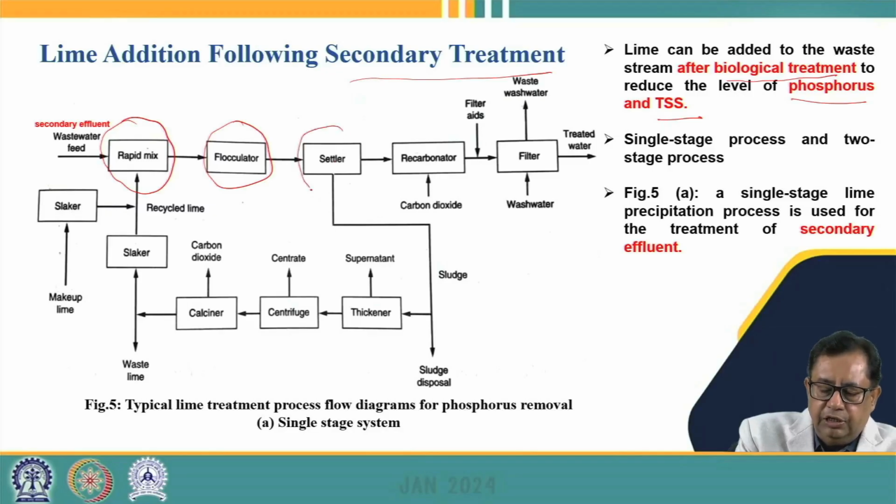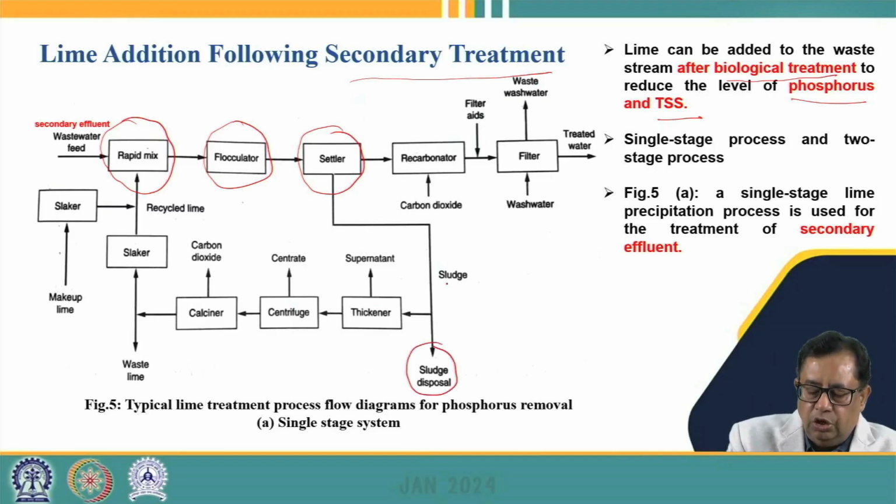And later on it is taken to a settler where the precipitates or the flocs which are generated settle down, and this sludge is taken to the reuse facilities where we can regenerate the lime. If we do not have any recycling or regeneration facilities, we can take the sludge to disposal, or we can take it to the thickener where the excess water is removed from the sludge, and we centrifuge it so that further water in the sludge can be taken out.